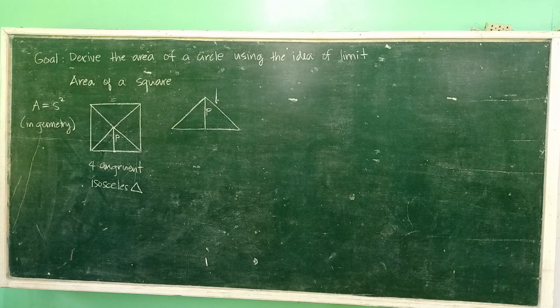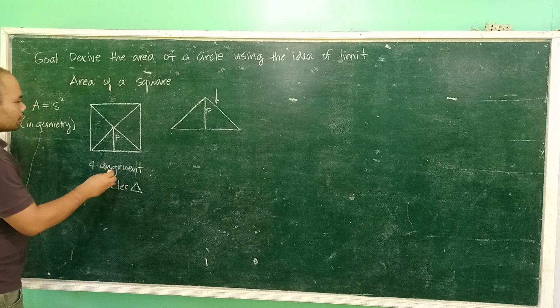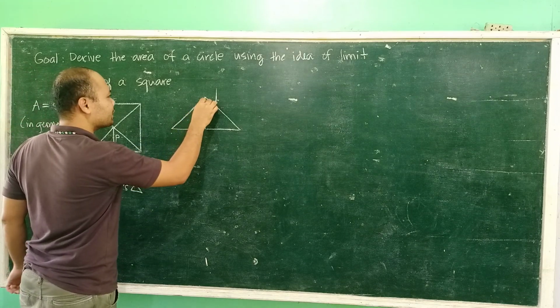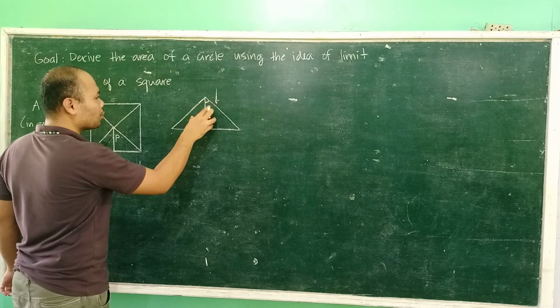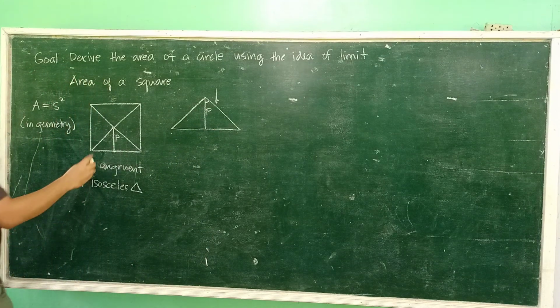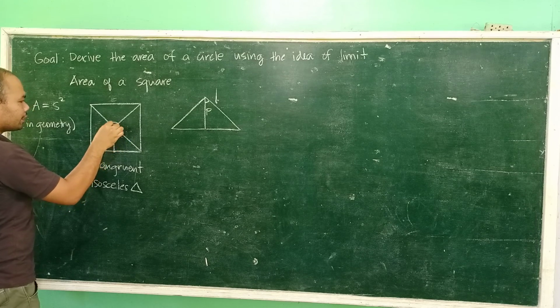If this is P, we need an idea how much this angle here is, so that we will be able to find the area of this part. This is 360 degrees from here up to here.